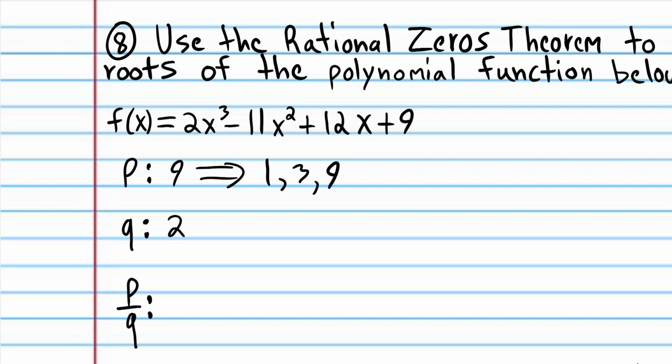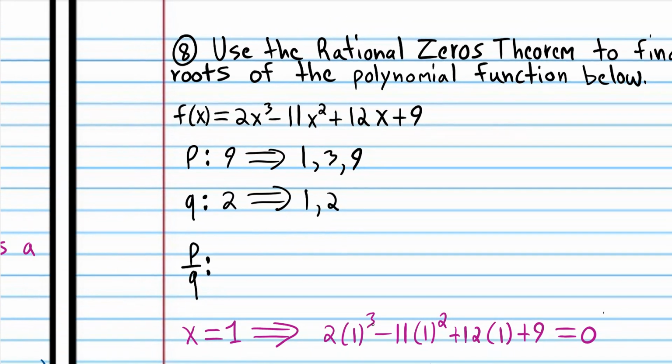Q represents the factors of the coefficient of the first term, so that would be 1 and 2. And then we're going to find all the potential rational zeros, or roots, whatever you want to call them.